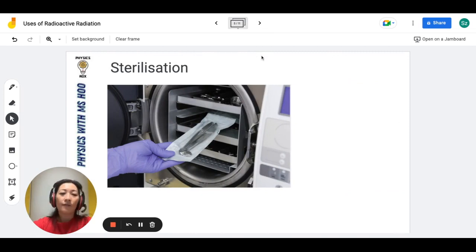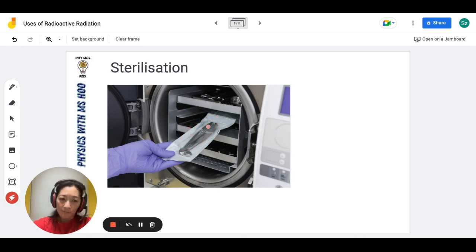This also applies for sterilization. So let's say, for example, we want to sterilize the hospital equipment that is used for surgery, like all these utensils. It's very important when doctors do surgery on patients that they don't introduce new microorganisms where there weren't any present.